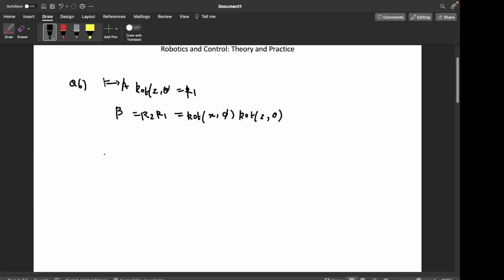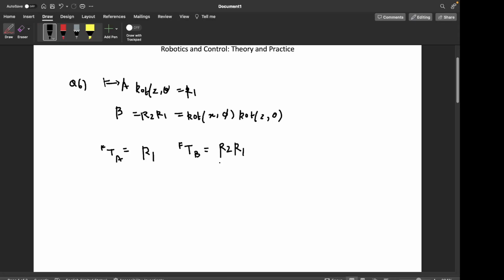If we write the transformation matrices, the transformation matrix from F to A is R1. The second matrix that we know is the transformation from F to B, which is R2 R1.